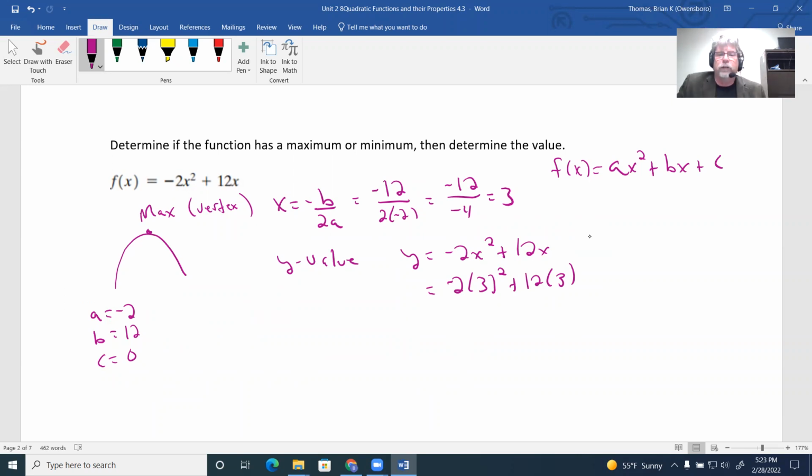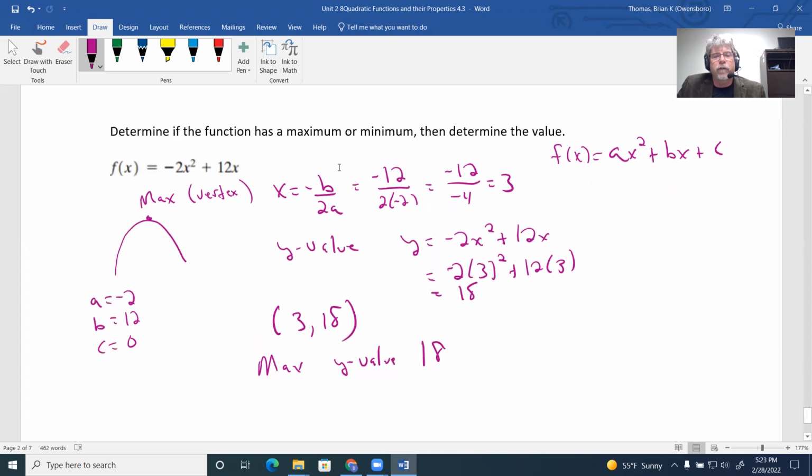And we're getting this 18 for this. So the vertex is going to be (3, 18). But remember, the max is typically the y value. So that means the maximum value should be this 18. So when x equals 3, the maximum value would be 18, since the graph opens down.